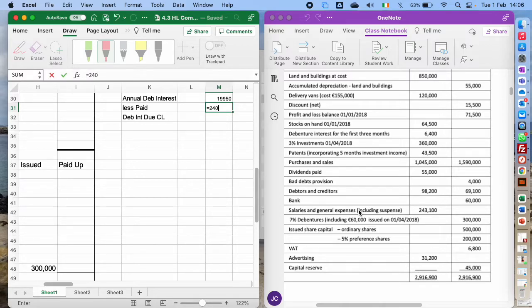So it'll be 240 grand times 0.07 times 3/12. So 4.2 is the amount I paid. It says here I paid 6.4. That's wrong. Okay, and the current liability is going to be that number taken away that. So 15,750 is my current liability.